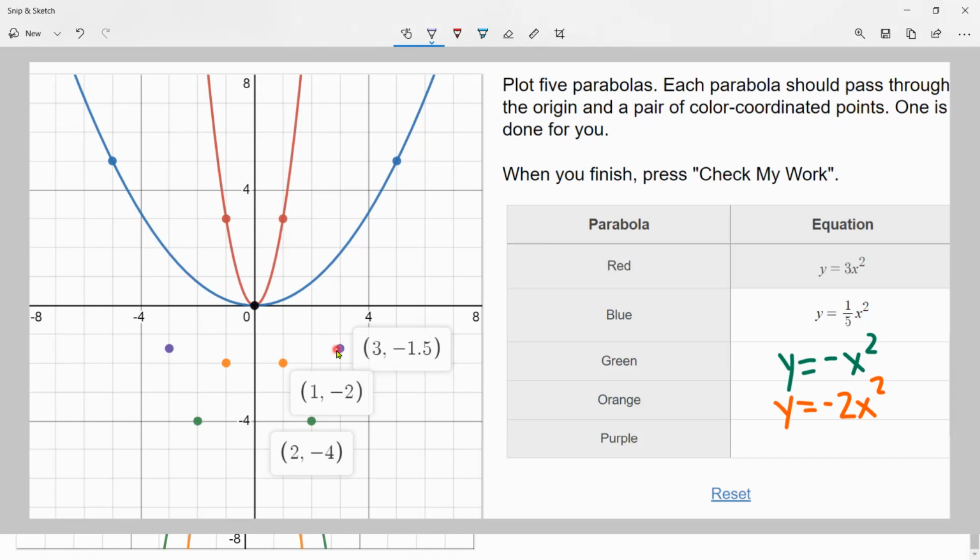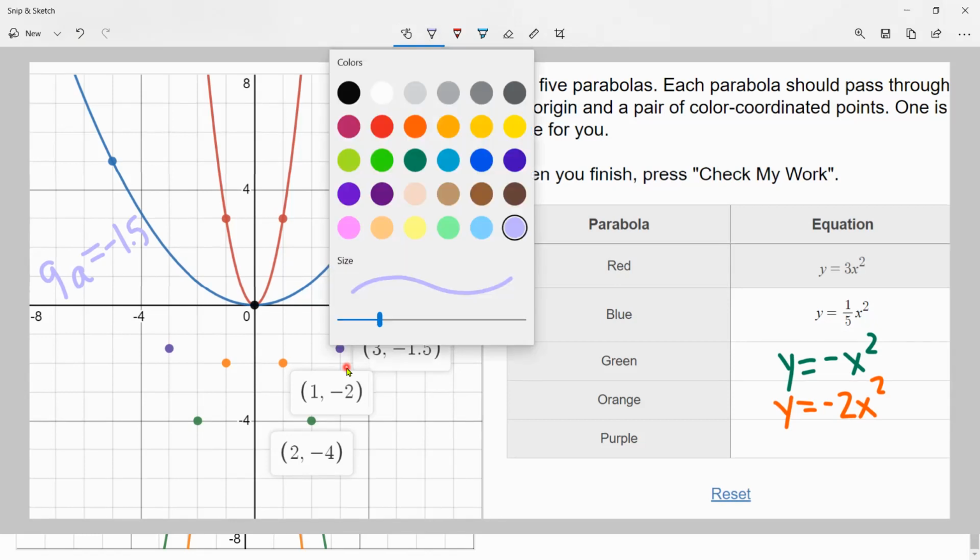I went down a negative 1.5. So I should have gone up 9. I'm timesing 9 by something to get a negative 1.5. Let me make that a darker purple.